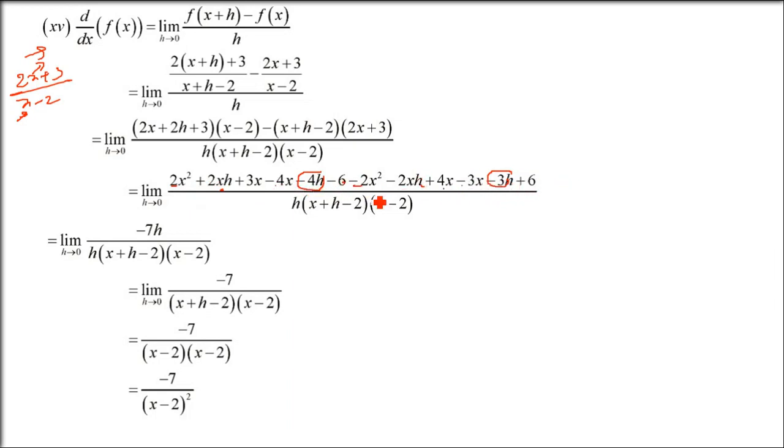You have h already in the denominator, since we have minus 7h in the numerator. And you have (x plus h minus 2) and (x minus 2). So h gets cancelled. You just put this as 0. So x minus 2 times x minus 2 is x minus 2 whole square. So minus 7 by (x minus 2) whole square, and this is going to be the final result.